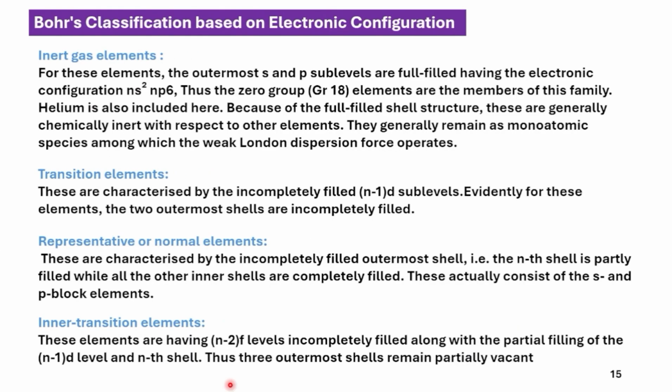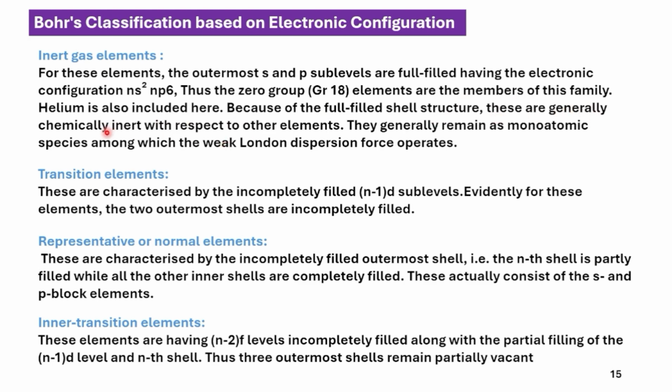Now let's talk about Bohr's classification based on electronic configuration. If we see the inert gas elements, for these elements, the outermost S and P sublevels are fulfilled, having the electronic configuration ns2 np6. Thus, the zero group or group 18 elements are the members of this family. Helium is also included here because of the full-filled shell structure.